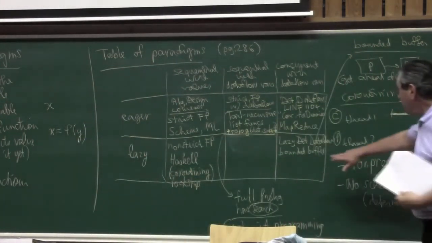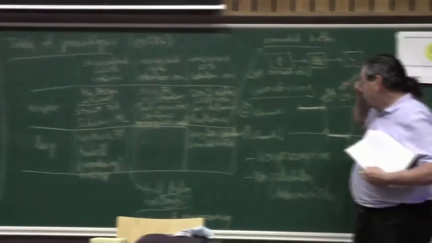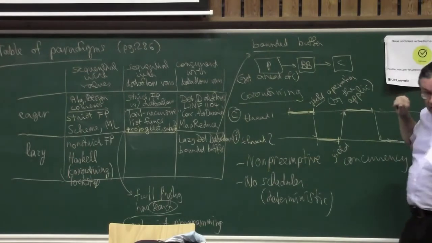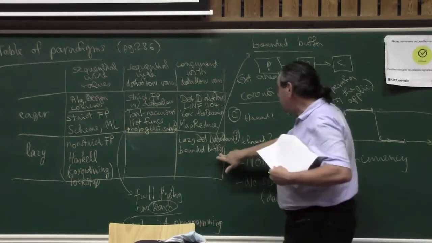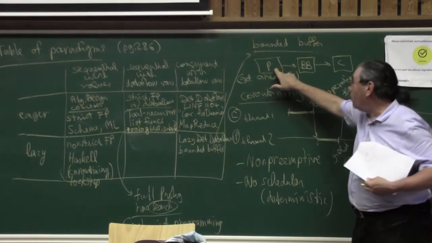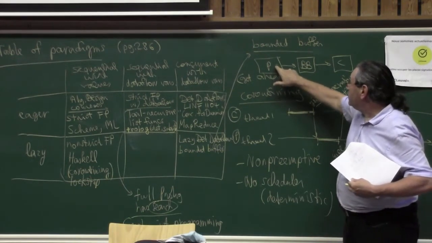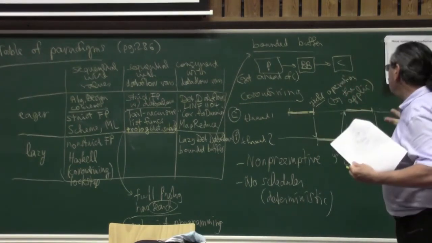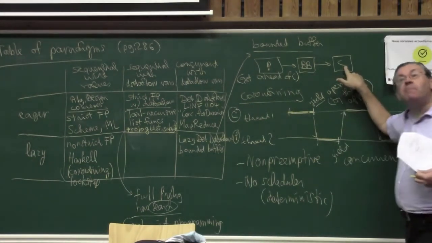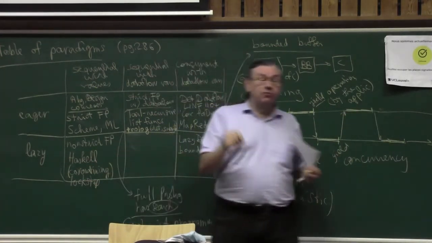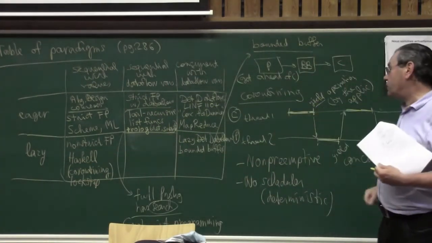Okay, so that's an advantage and a disadvantage. The advantage is you can build a bounded buffer and it makes execution go faster. The disadvantage is maybe the producer is doing too much computation. The values that it computes, it's not absolutely sure the consumer will ask for them. In a language like Haskell, you're doing really the absolute minimum amount of computation.